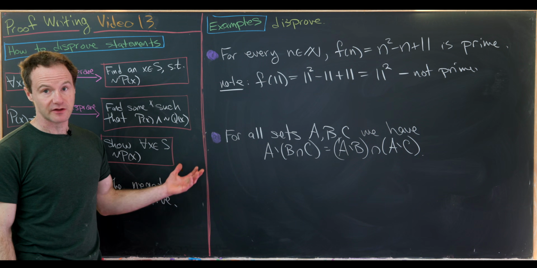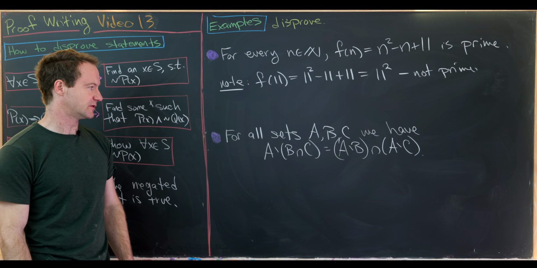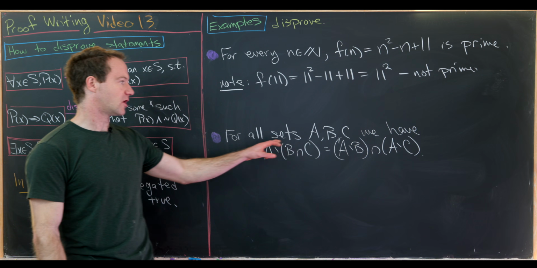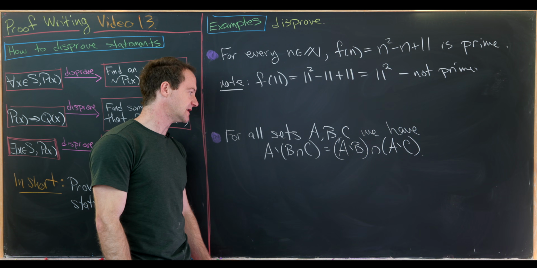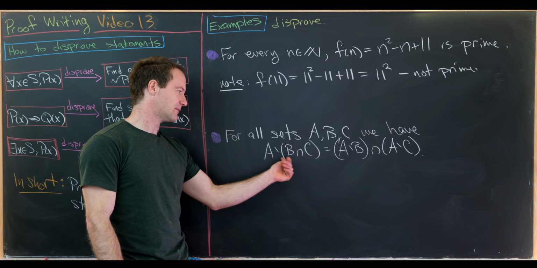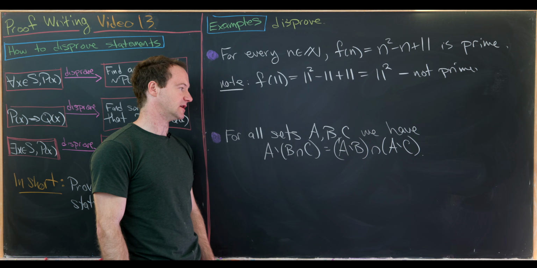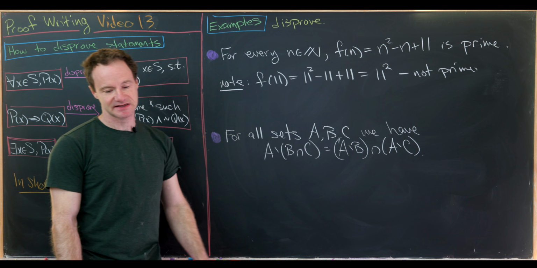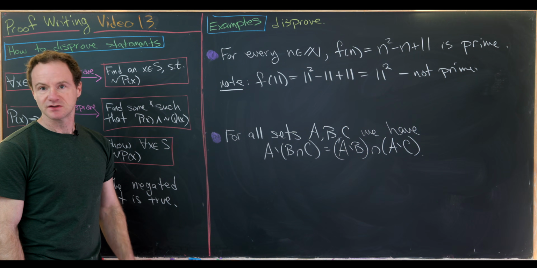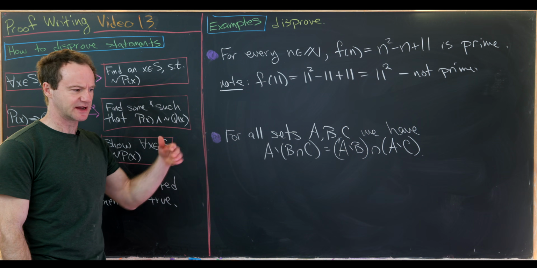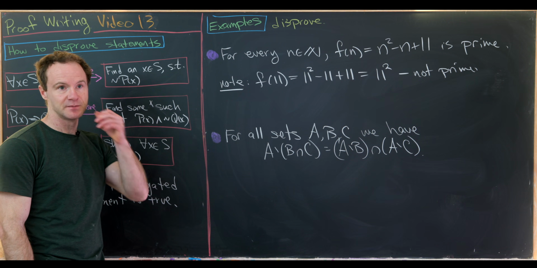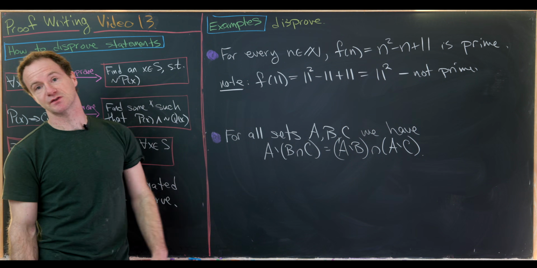Now let's look at another for all statement that we'll disprove, and that is for all sets A, B, and C, we have A set minus B intersect C equals A set minus B intersect A set minus C. So this one's maybe a little bit trickier to get some intuition behind, but this is false as well.